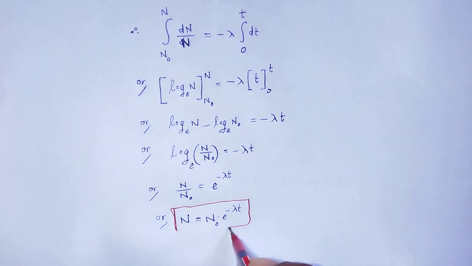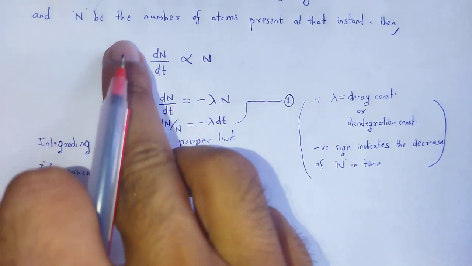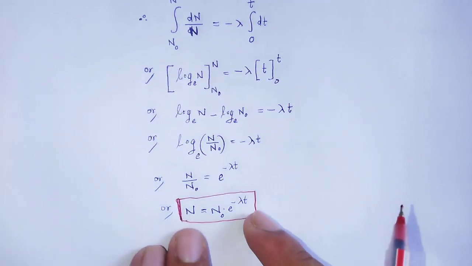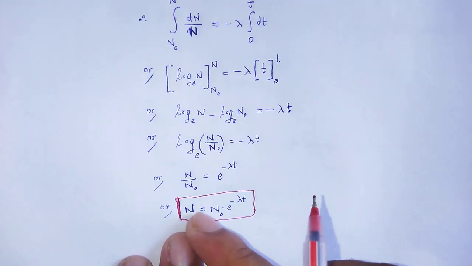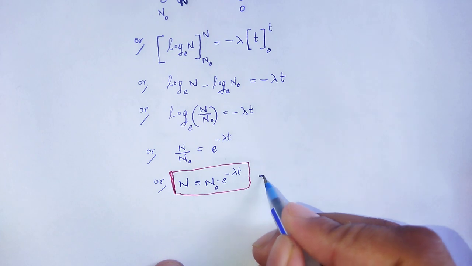So, what is that value of N? N is the number of atoms present at that instant. At time t, what is the number of atoms? Equation number 2.